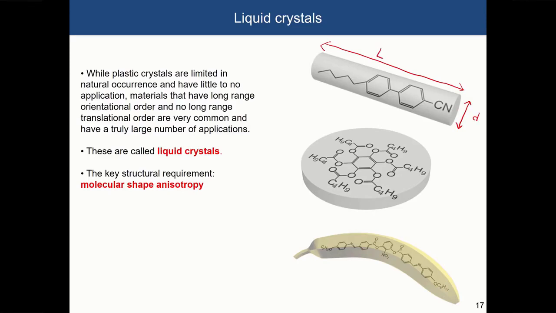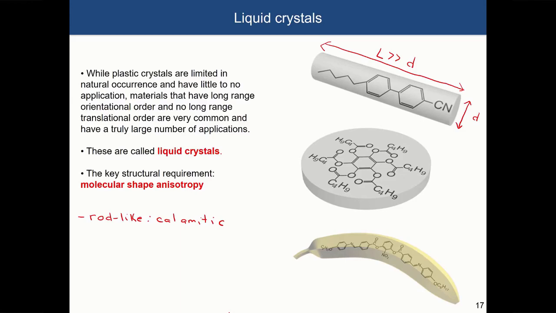So in the case when you have a molecule where the length of the molecule is significantly larger than the diameter, this is so-called rod-like or calamitic. So when you hear the word calamitic liquid crystalline material, it simply means that the molecules that constitute that material are rod-like.